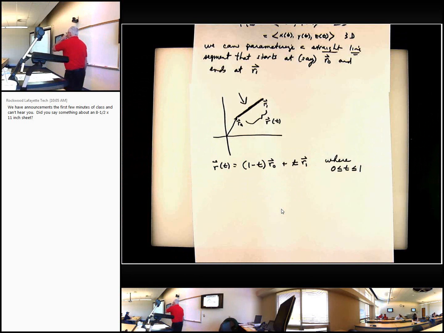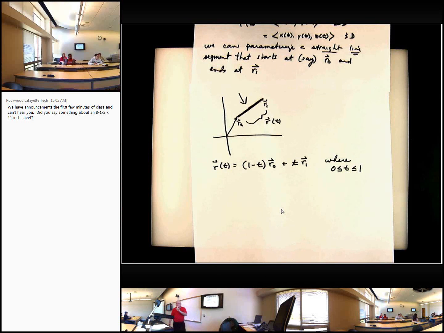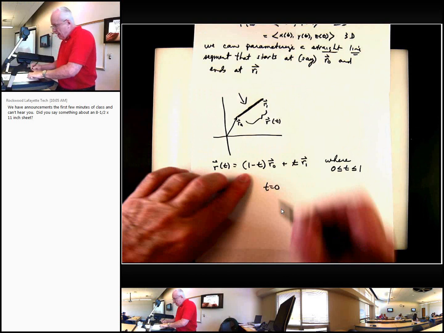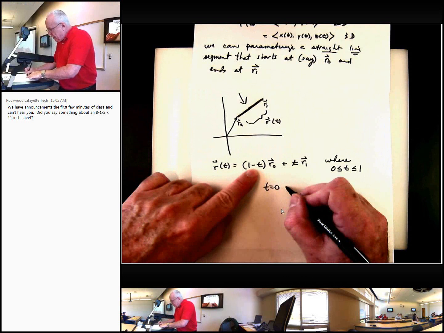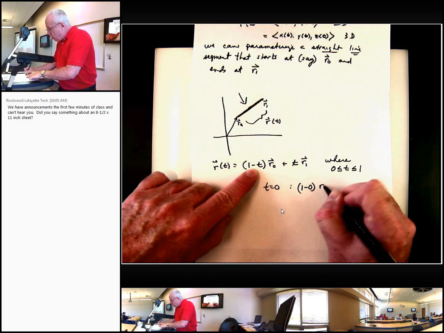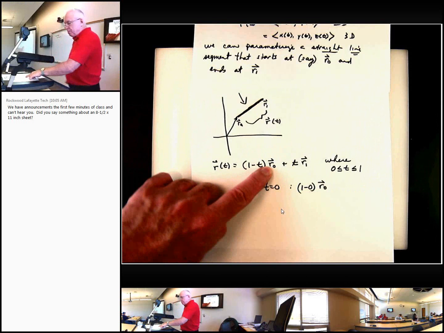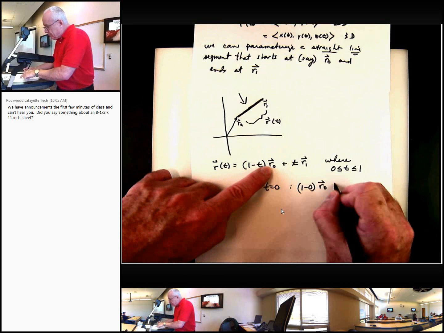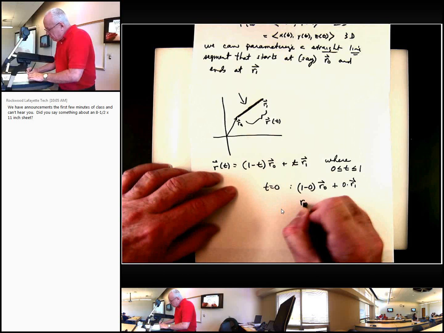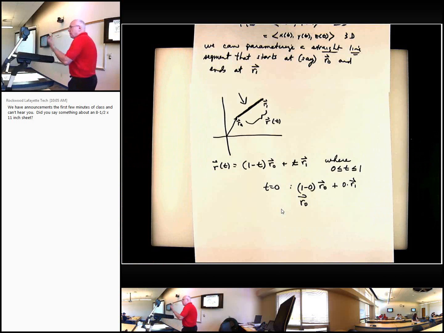Let's remind ourselves how this works. When t is equal to 0, then what we have here is 1 minus 0 times our initial position plus 0 times the ending position. So at t equals 0, we're talking about that initial position r 0 on our segment.